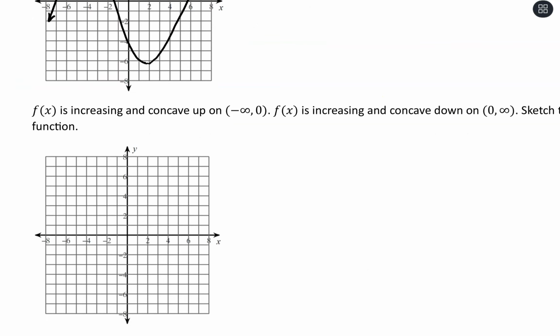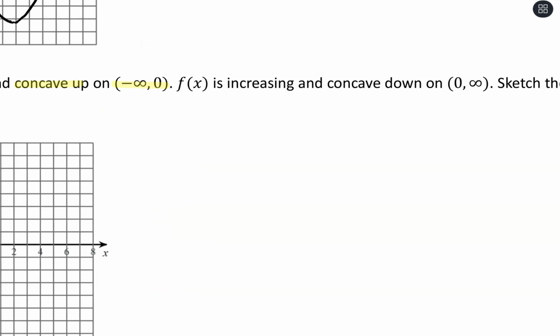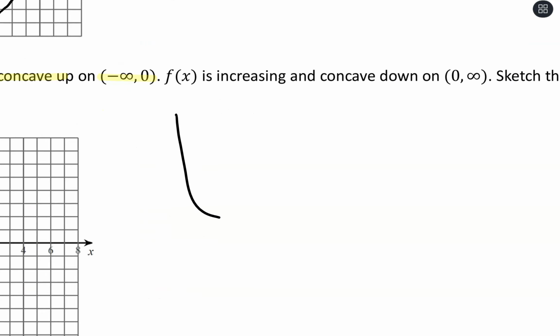Okay, this next one, f of x is increasing and concave up on negative infinity to 0. So negative infinity to 0 is to the left here. We have increasing and concave up. And something to think about is when we have concavity, so concave up is this shape, and here's our local minimum, we have two trends here.